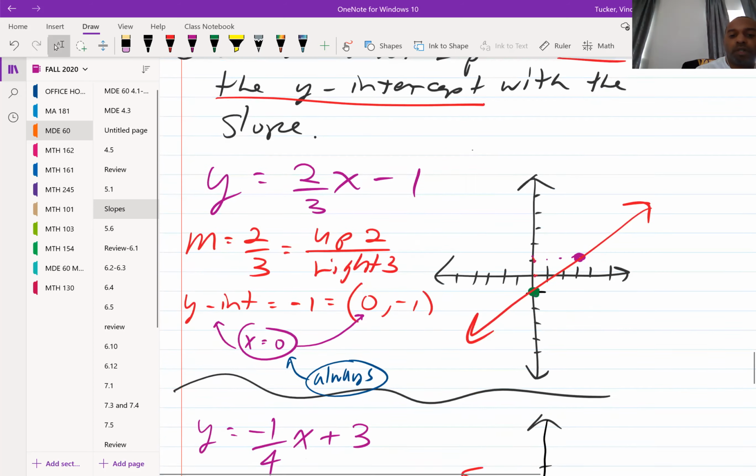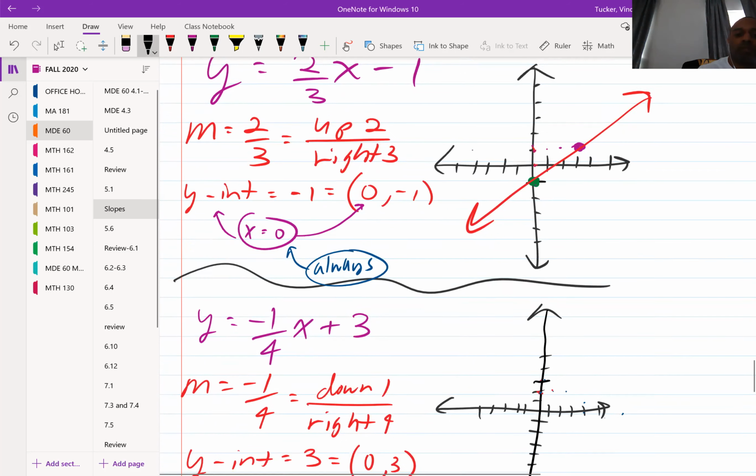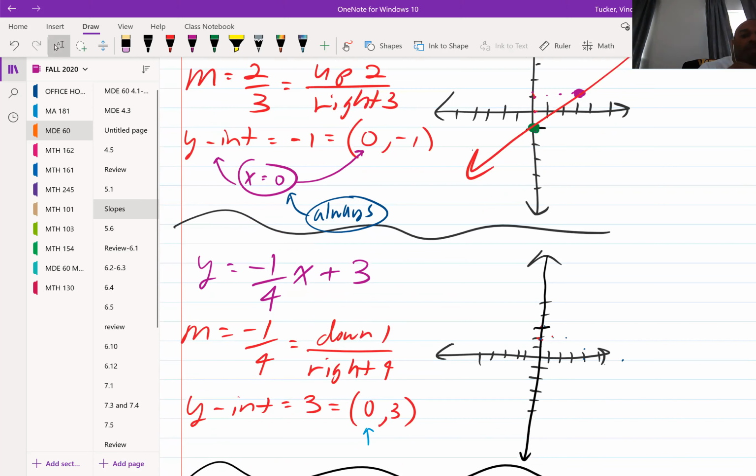All right, so let's do it at least one more time. We have y equal to -1/4 x plus 3. Same type of deal. Our equation is solved for y. So what's in front of x is our slope.